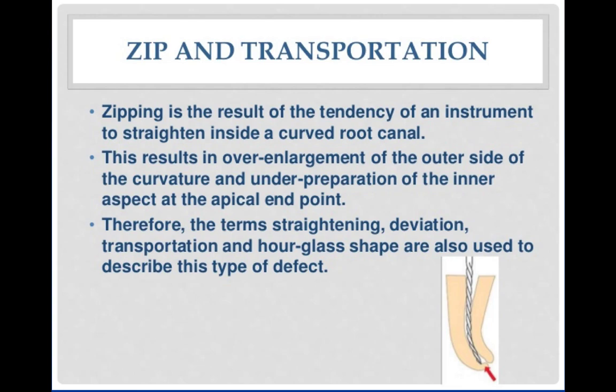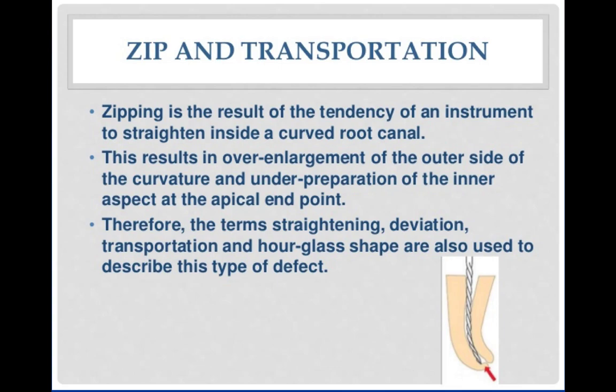Zip and transportation. Zipping is the result of the tendency of an instrument to straighten inside a curved root canal. This results in over-enlargement of the outer side of the curvature and under preparation of the inner aspect at the apical end point.